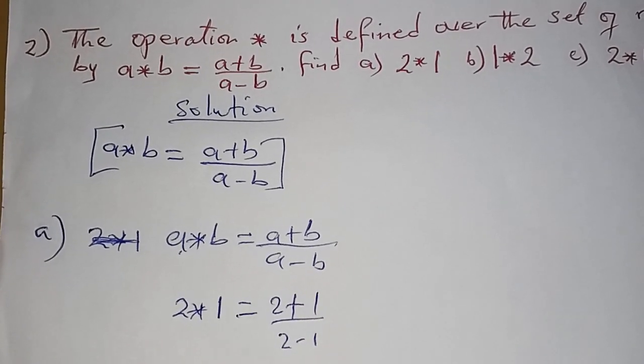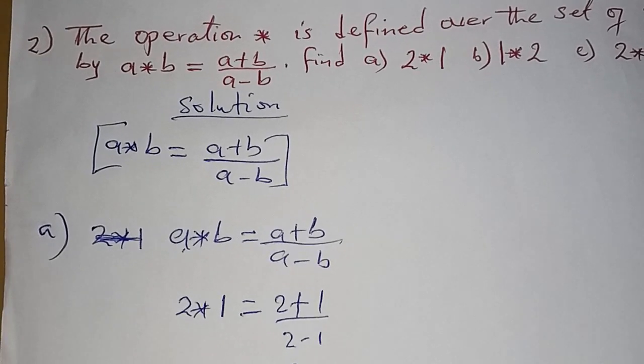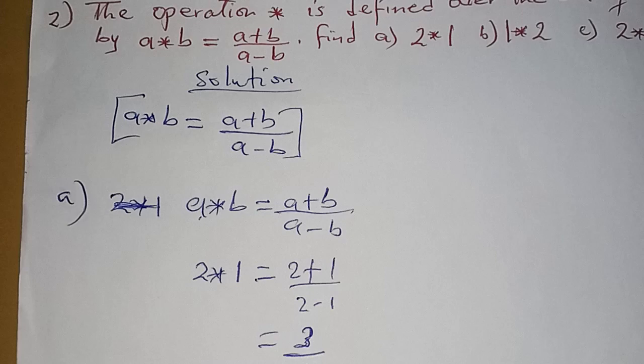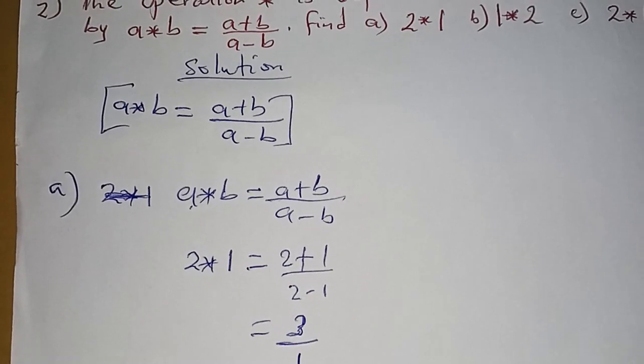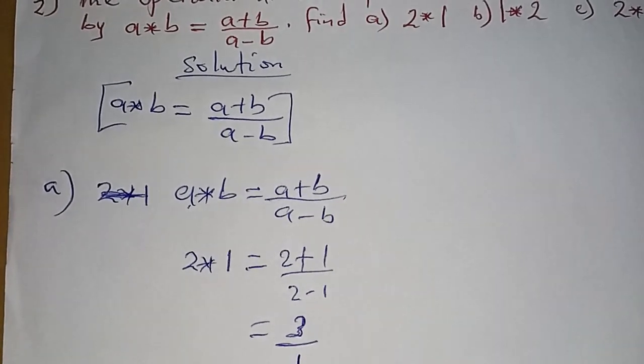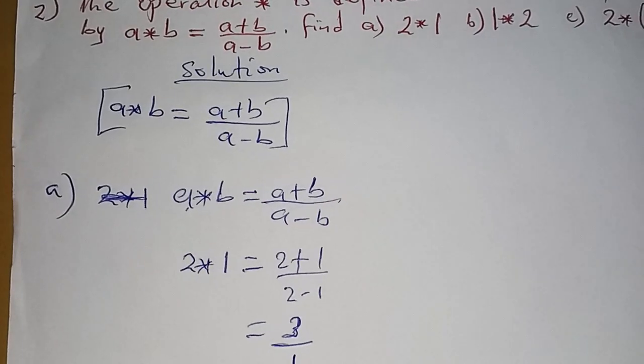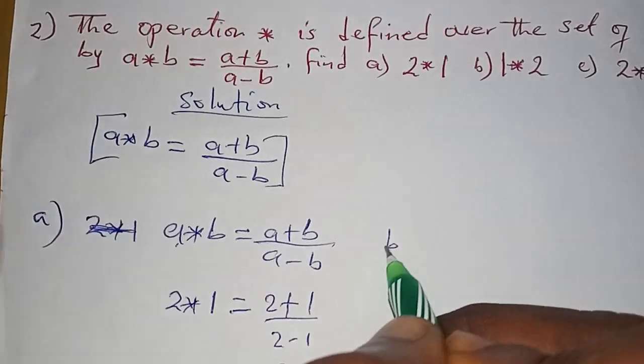So if you do your math here, it will be 3 upon 1, take out 1 from here. So your answer for 2 operate over 1 is 3, obviously 3.